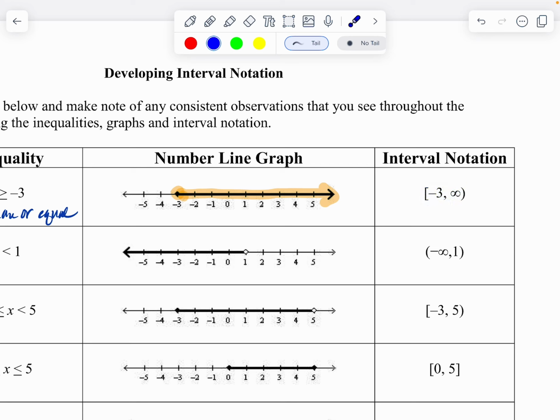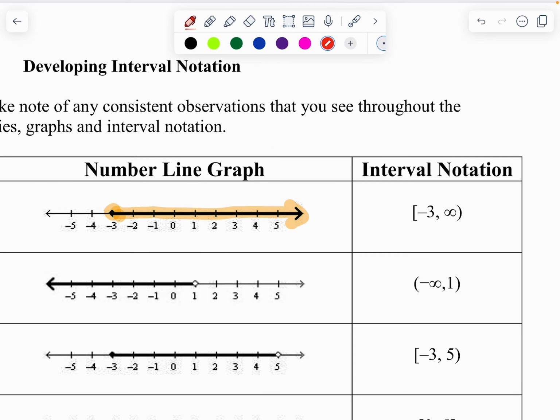So we've got brackets and parentheses. In this interval notation, the first number is where the interval begins, and the second number is where it ends, separated with a comma. So we've got the beginning and then the end.